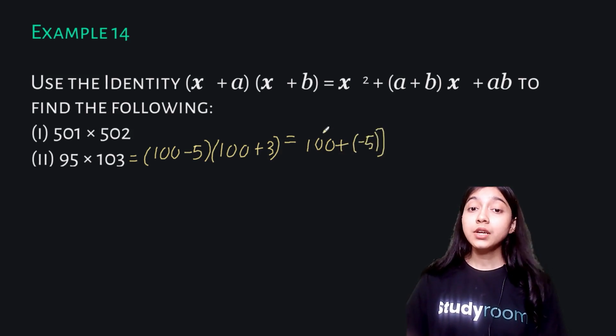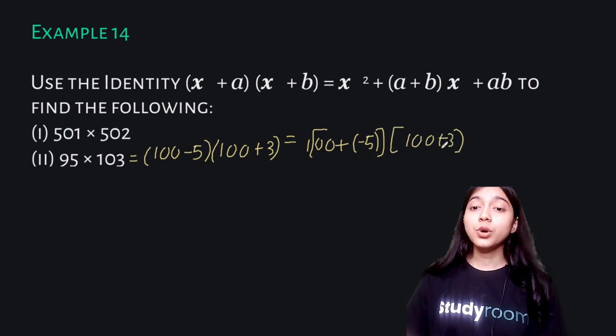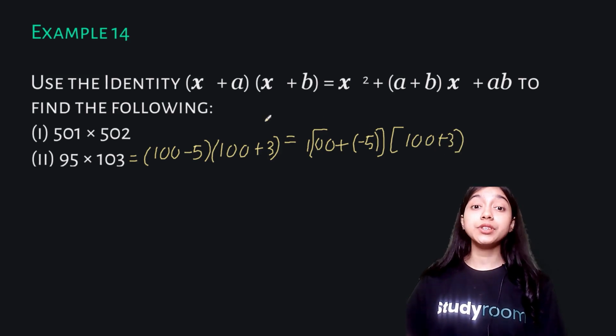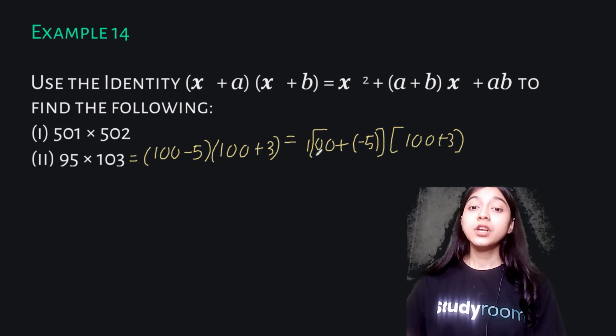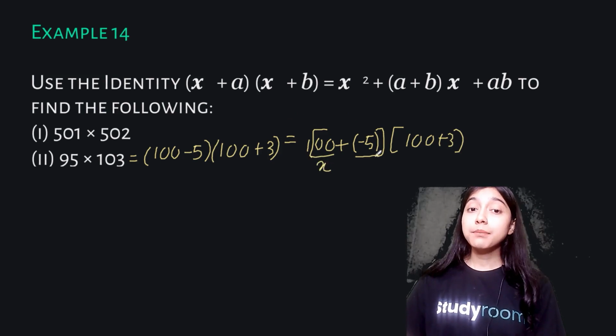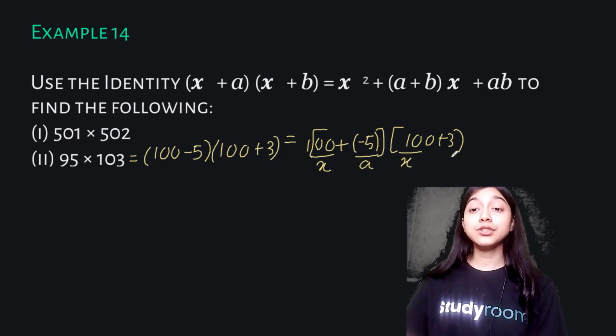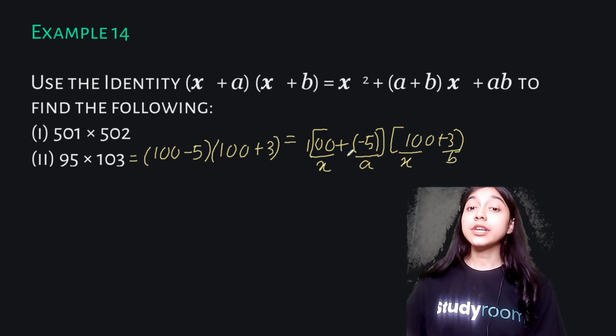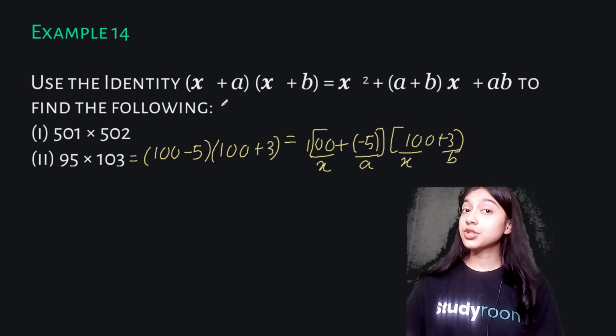And then we'll be writing 100 plus 3 as it is, 100 plus 3. So, compare this identity with the standard identity that I taught you. So, when we compare it, we get that 100 is x, then minus 5 is a, again 100 is x, and 3 is b.